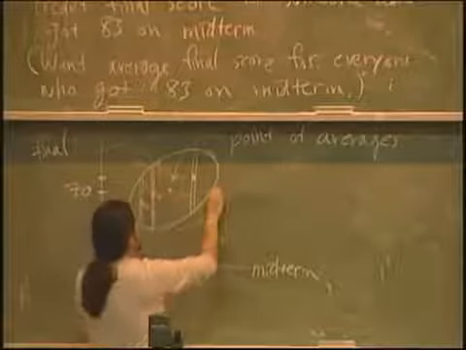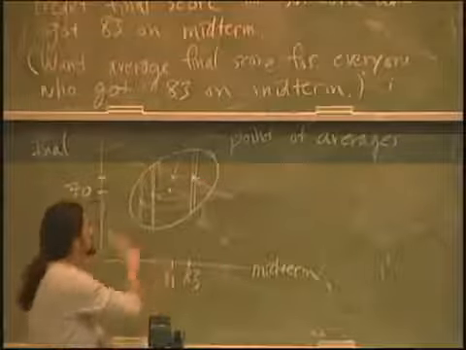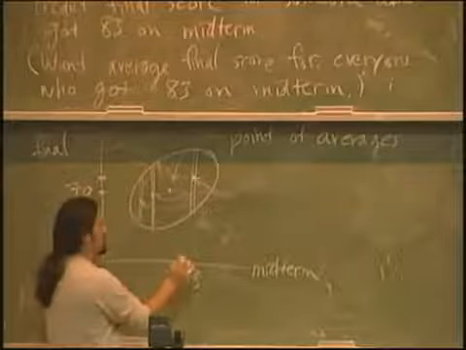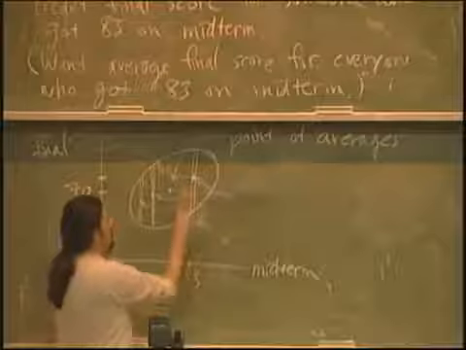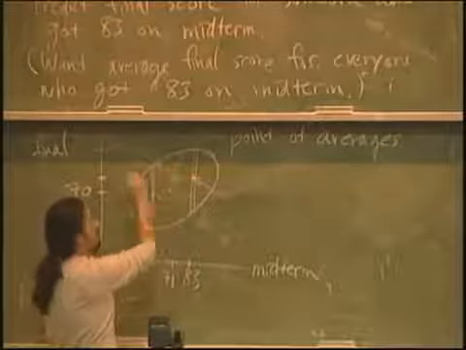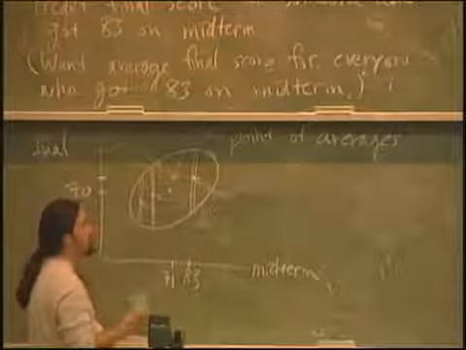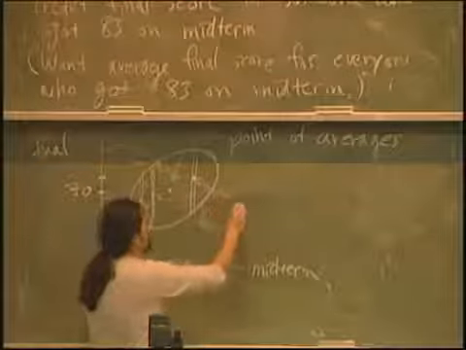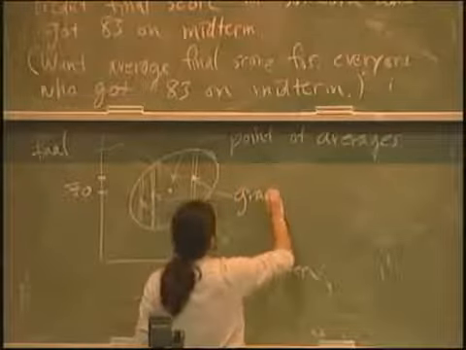Just because data is not perfect, there's no law that says the people who got that 83 on the midterm have to get that exact average on their final scores. It might be off by a little bit. So this is called the graph of averages.